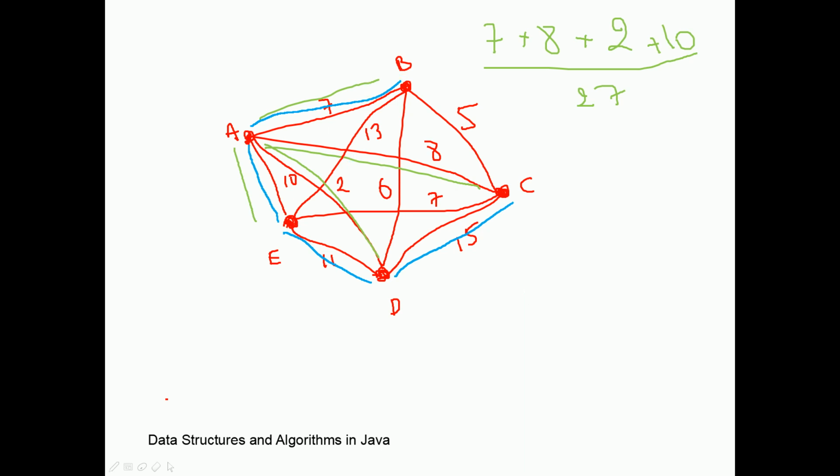Now what is the cost of this? It's 7 plus 10 plus 11 plus 15, which is obviously 36 plus 7, 42. So these are different possibilities, and each one of them is a spanning tree.